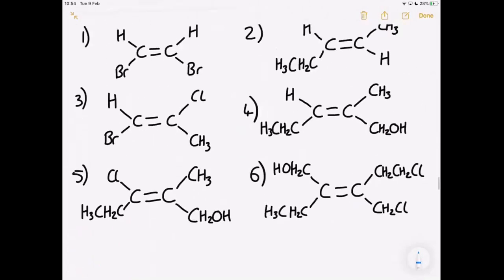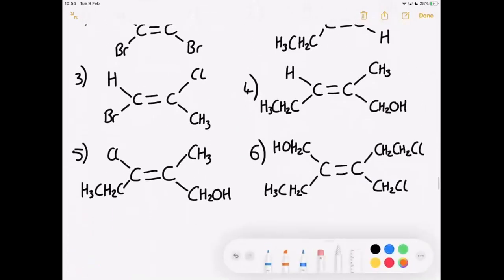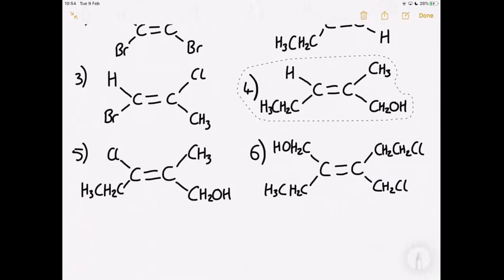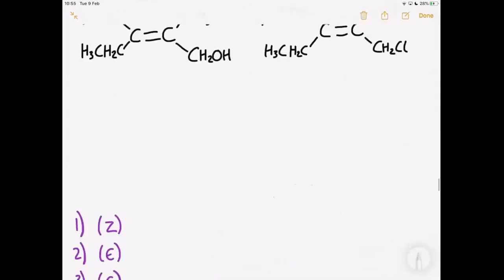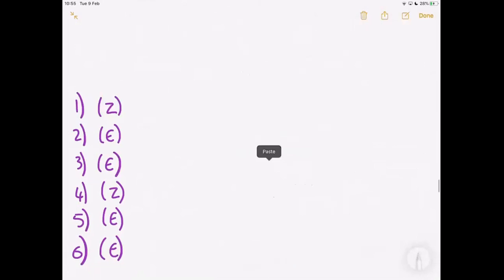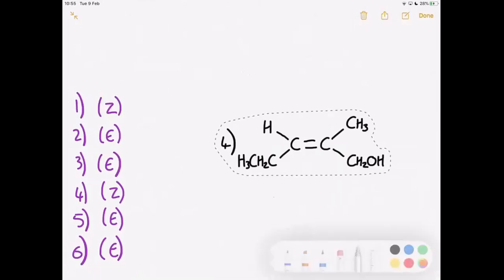So let's have a look at number 4. The answer is that it's Z. The left-hand side, hopefully, will be relatively straightforward. As I've said before, if you're doing a comparison with hydrogen, the thing that's not hydrogen is going to win.